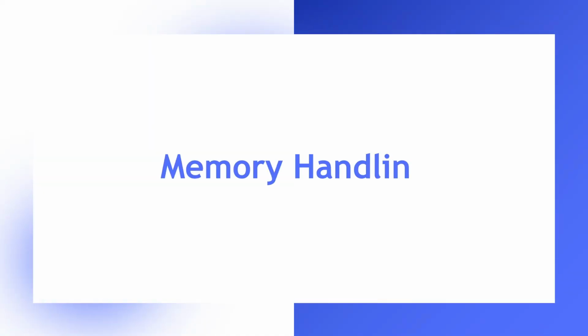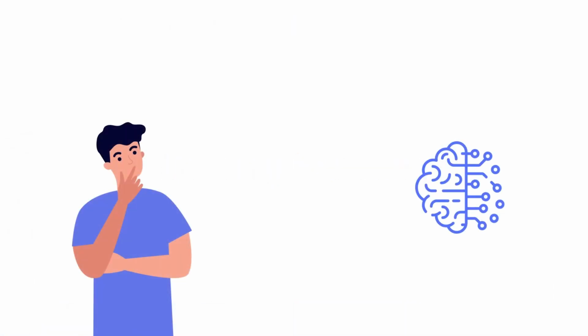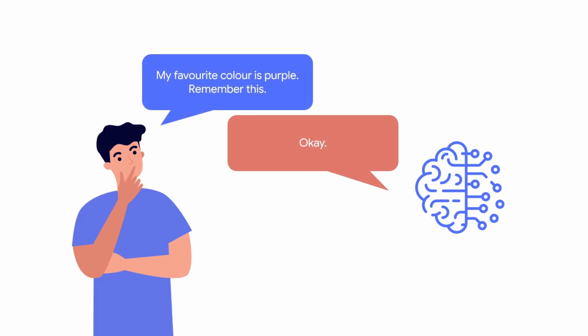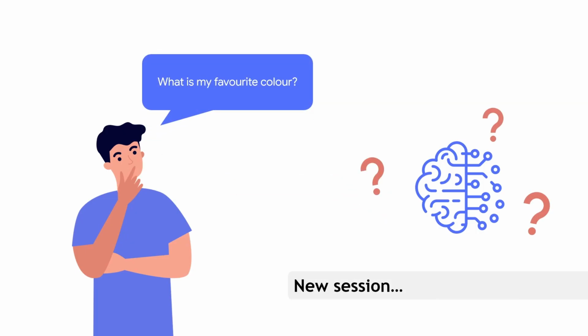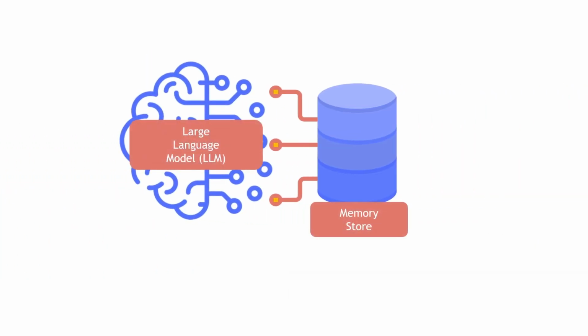The final limitation we will address in this unit is memory. On its own, an LLM does not remember anything between separate conversations. When you begin a new session, it starts without access to the conversation you had previously. To work around this, many AI chatbots provide a memory feature.